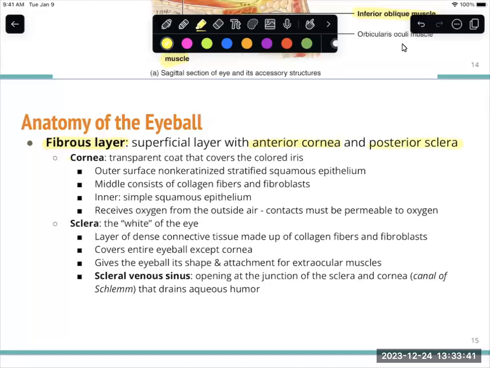So the cornea is clear. It is this transparent part over the eye. The cornea can get oxygen from the outside. The sclera is known as the white of the eye.